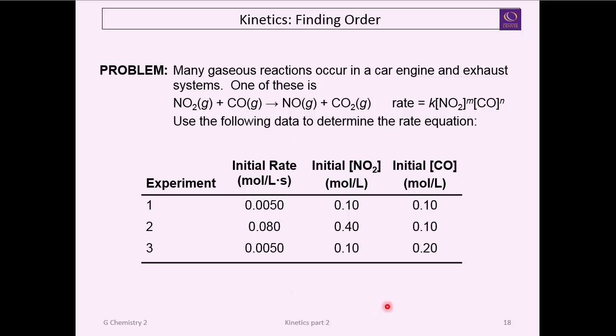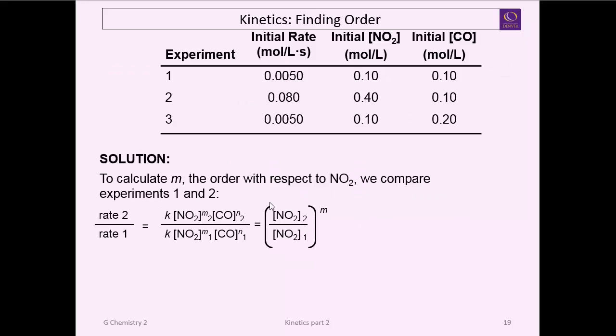And the way to do that is from the experimental data. So now in entry 1 and 2, you hold CO constant, and you quadruple NO2, that's a 4 times increase. And the rate increases 16 times. So let's figure that out. How much influence is that? Here's a way you can do that.